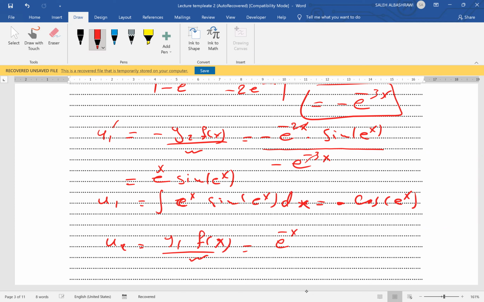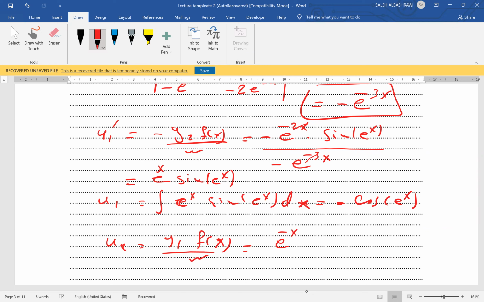Going back, u1 is minus cosine e to the power x, multiplied by y1, which is e to the power minus x, plus u2, which is e to the power x cosine e to the power x plus sine e to the power x, multiplied by e to the power minus 2x. So this is the particular solution for the given differential equation.